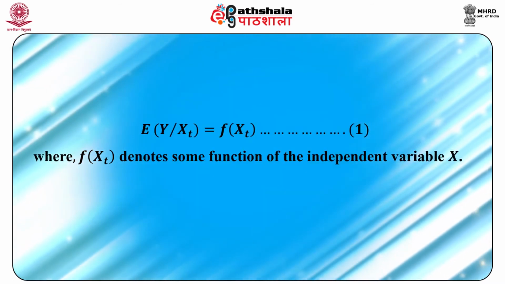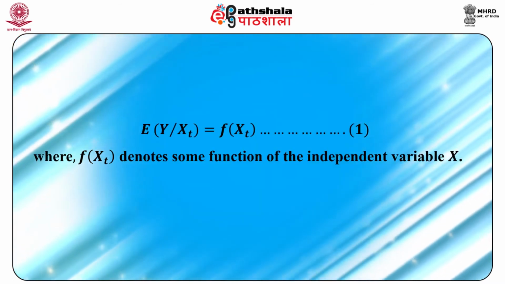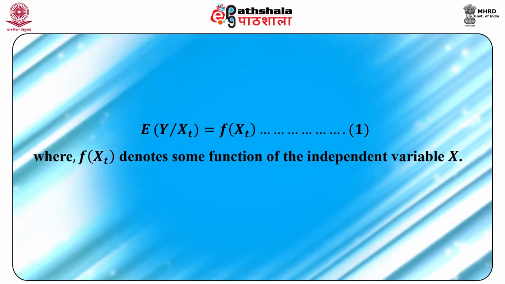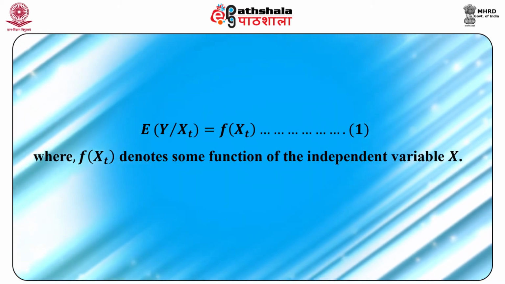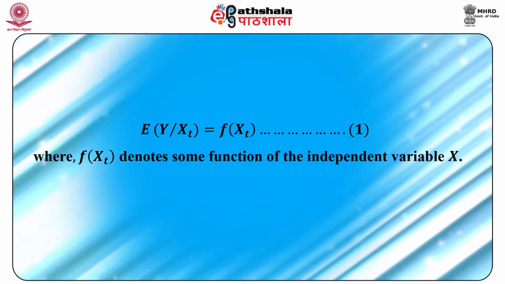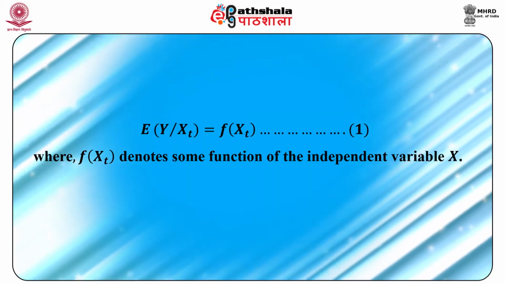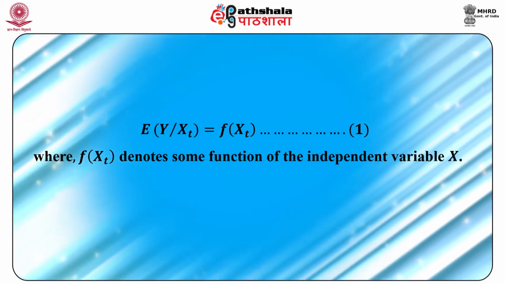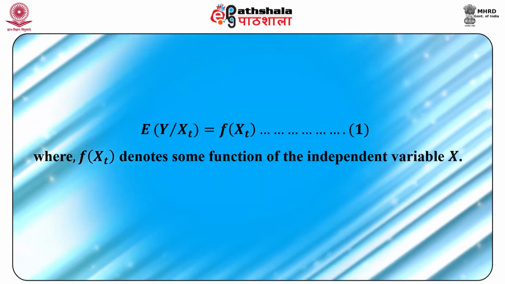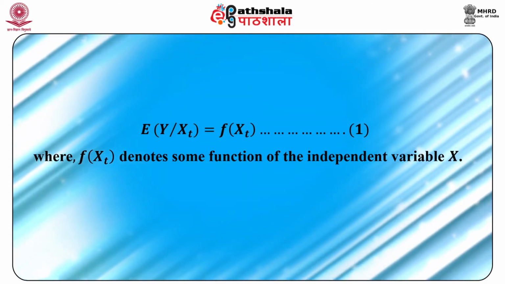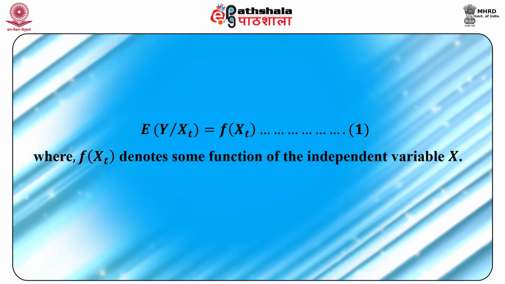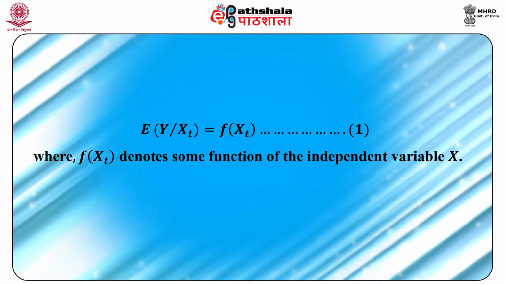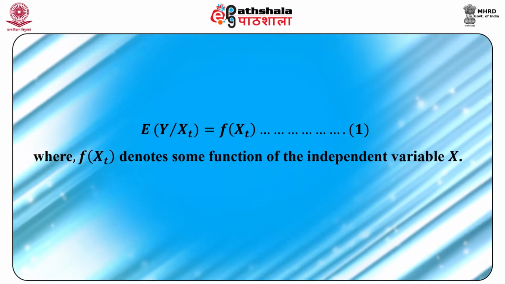Therefore, the expected value of y given a value of x, which in this case is income, for a particular value xt, is a function of xt, where xt is a given value of x. Mathematically we can write that the expected value of y given xt is equal to the function f of xt, which is our equation 1.